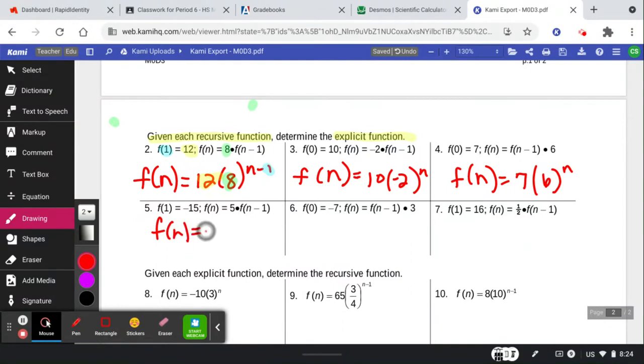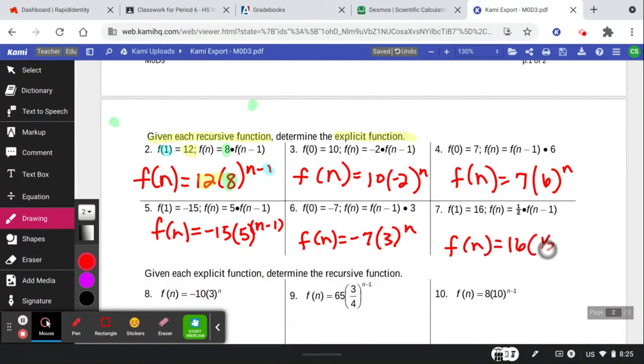This next one begins at negative 15 multiplying by 5 each time to the power of n minus 1. This one begins with negative 7 multiplying by 3 to the power of n minus 0. Begins with 16 multiplying by a half to the power of n minus 1.